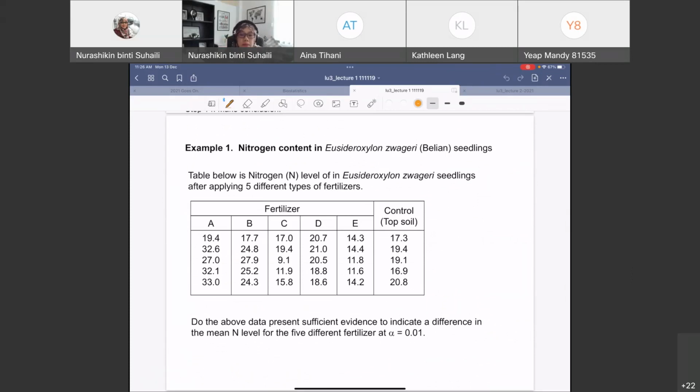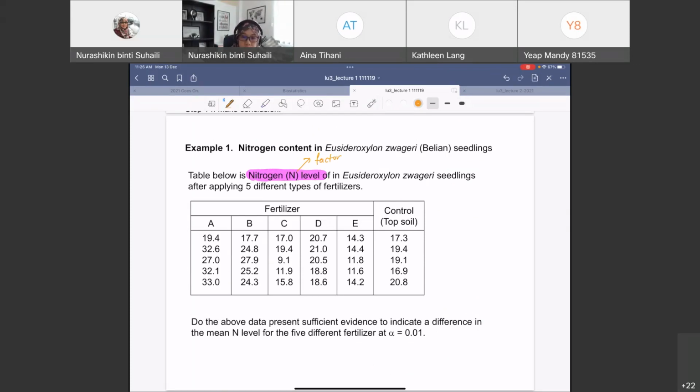Now, why is it important for you to understand the problem? Here, what are the things that you want to compare? You want to compare the nitrogen level, which is the factor, isn't it? And it's one factor, obviously.